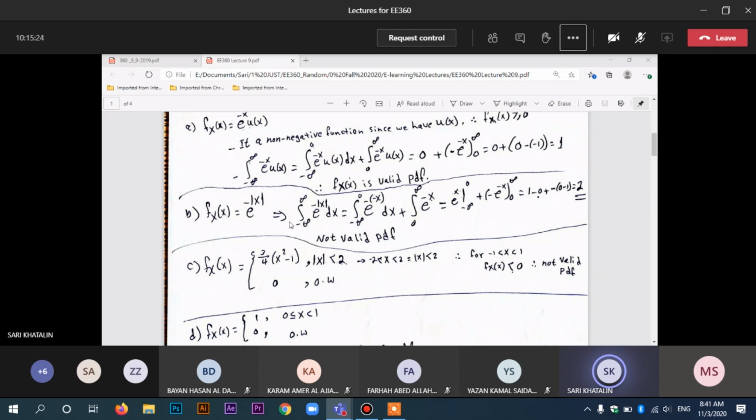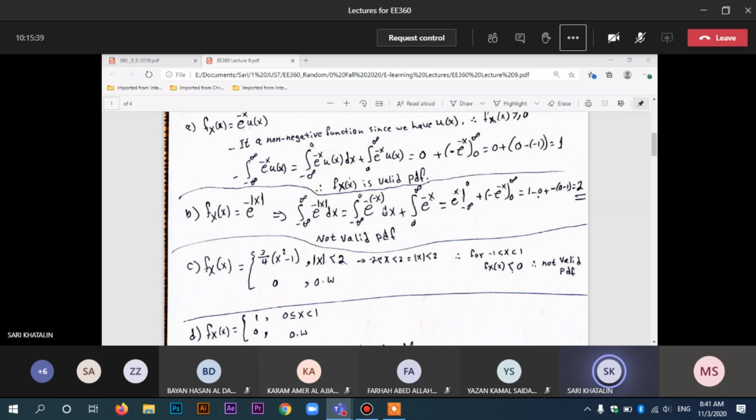So we can divide the integration in 2 parts: minus infinity to 0 for the exponential of x, and the other one, minus x from 0 to infinity.